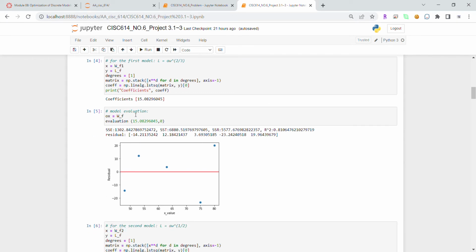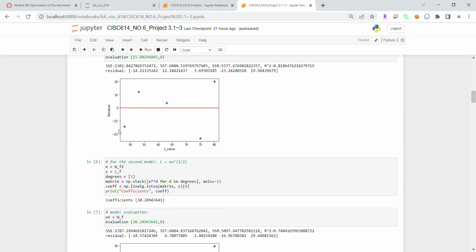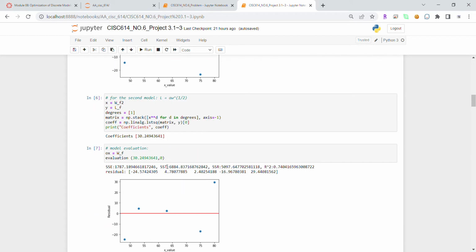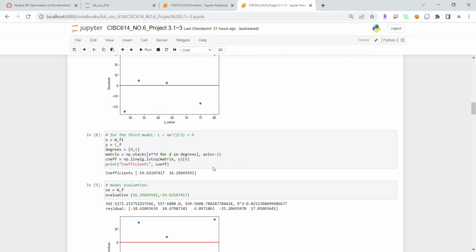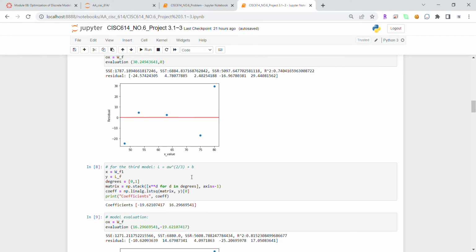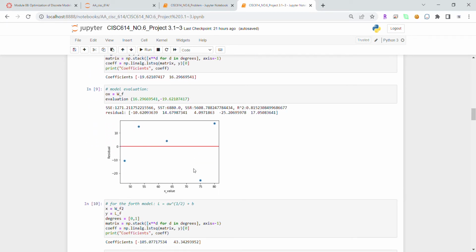So next we do the same thing to the second model, and we got the result, and repeat the same process for the third model, which is the refinement model for the first model, and the last one is the refinement model for the second model.